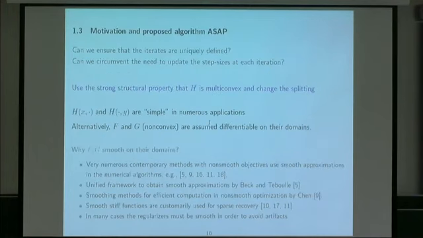So let me present a kind of motivation for the proposed algorithm. This is only the academic motivation. We would prefer to have iterates that are uniquely defined, and step sizes that can be fixed and do not need to be updated at each step.